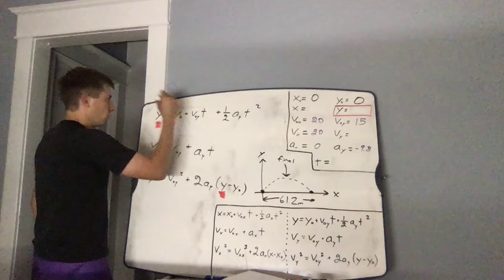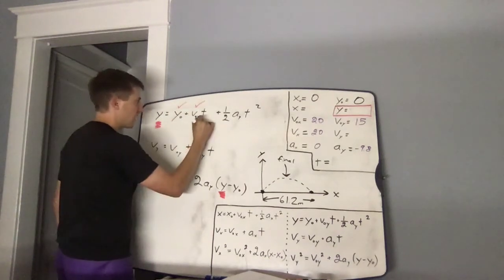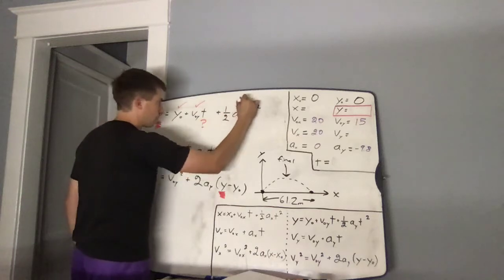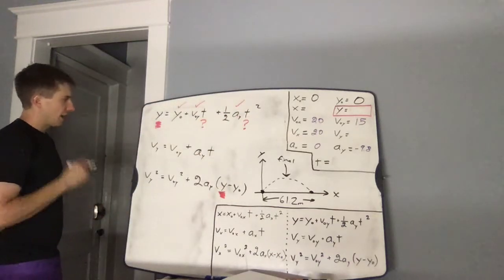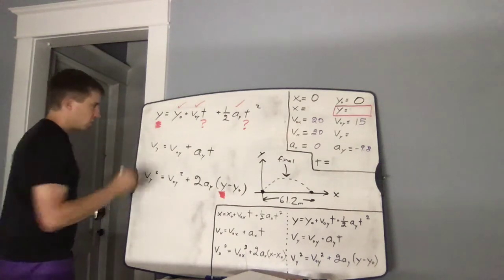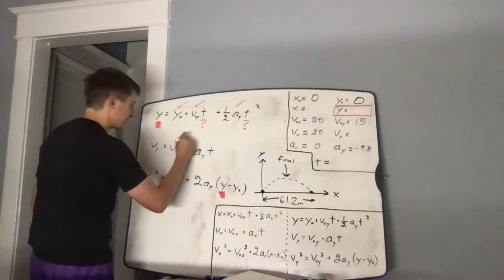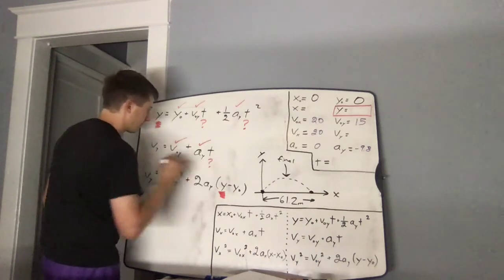So do I know y initial? Yes, I know v initial y. I do not know time. I know a y. I do not know time. Do I know Vy final? I'll come back to that. Do I know v initial y? Yes, I do. I know a y. I do not know time.